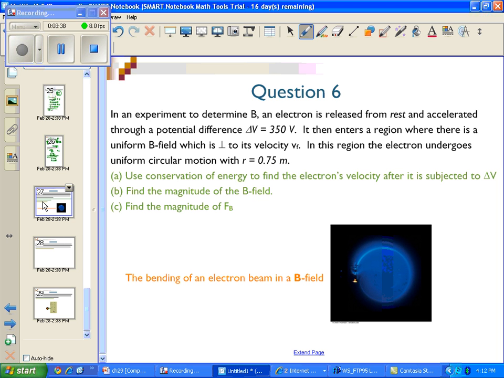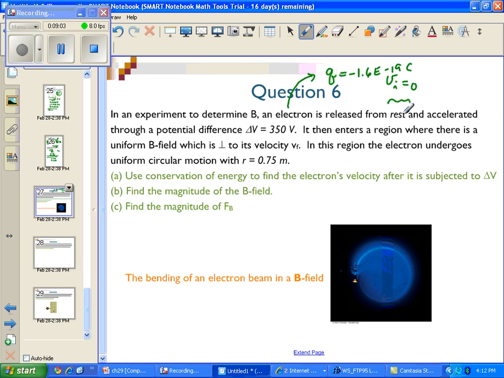Here we are told that there's an experiment to determine the value of a magnetic field. First, an electron is released from rest, and of course we know that its initial speed is 0. We know that an electron has a Q of minus 1.6 e to the minus 19 coulomb.